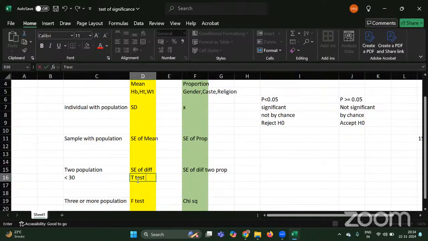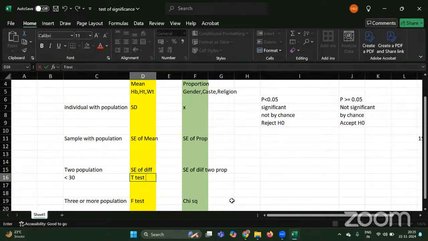So when there are two populations but the sample size is less than 30, we use the t-test. If the sample is more than 30, there also we can use the t-test, but the z-test also gives good results, so it can also be used.